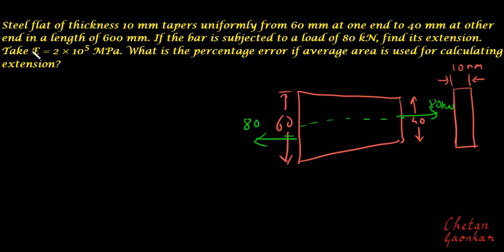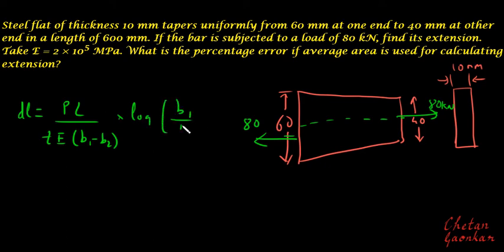First we will calculate the deformation in this bar. The way we derived the formula just now, the deformation in this bar can be given as PL divided by tE, multiplied by (b1 minus b2), and then multiplied by log of b1 divided by b2. This is the formula we'll use to calculate the deformation in this tapered bar.